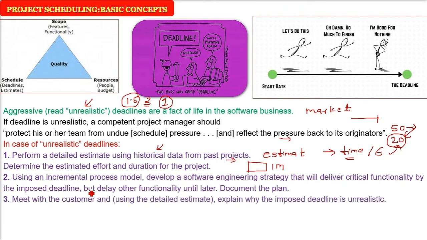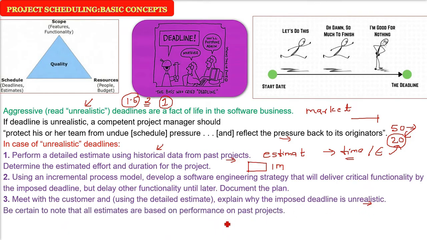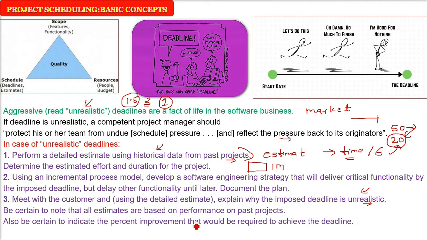Then meet with the customer. Try to meet along with all the detailed estimates you have created. Explain, in very kind words, why this deadline which is being imposed on us is really unrealistic, because all the estimates you have done have to be very prominent and realistic, and also what kind of percentage improvement every increment is going to give in order to achieve the deadline.